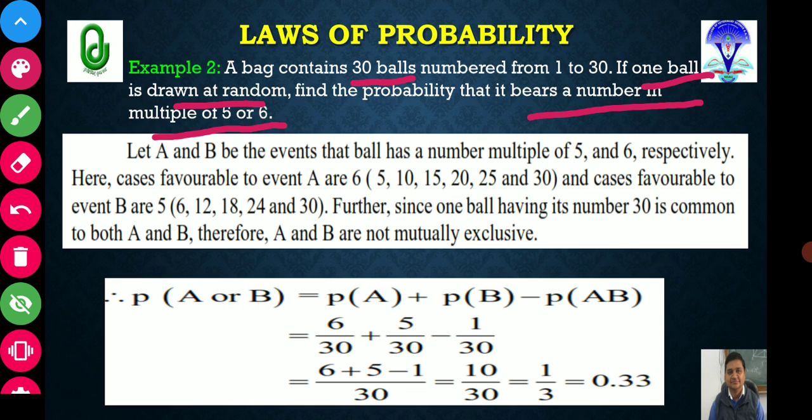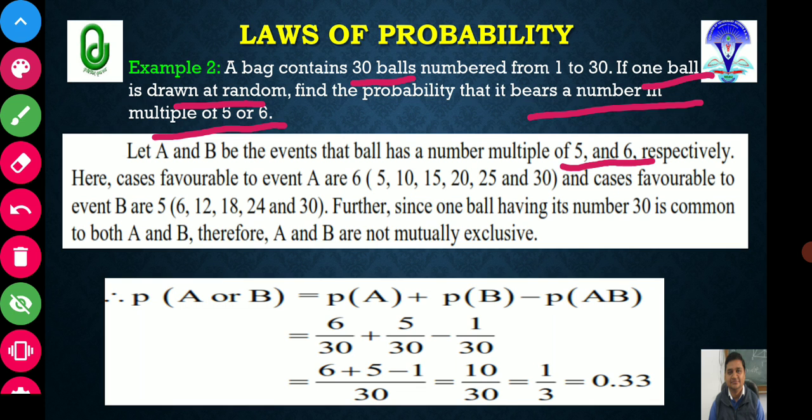So from the question we can assume that A and B are the events that the ball has a multiple of 5 or 6 respectively. First of all we have to know what are the multiples of 5 and what are the multiples of 6.